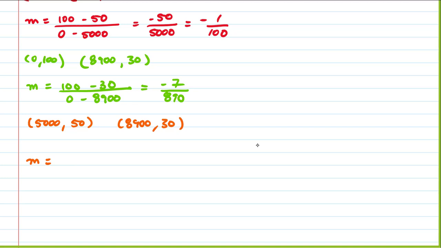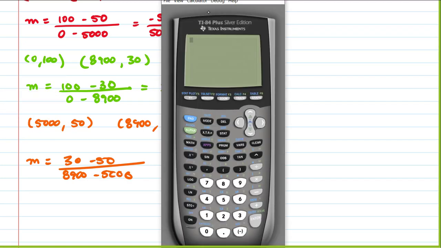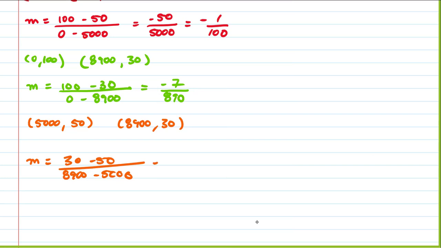Let's try again. 30 minus 50 all over 8,900 minus 5,000. So now if we do that properly, we get 30 minus 50 over 8,900 take away 5,000, and we get negative 1 over 195.